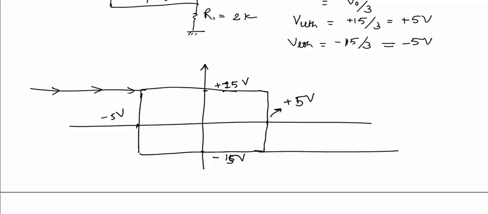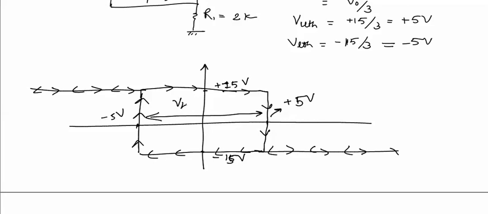This is the complete hysteresis curve. Now this difference in the side edges is called the hysteresis voltage, and it can be calculated as VH equal to VUTH minus VLTH, which is equal to plus 5 minus minus 5, equal to 10 volts. So hysteresis voltage is 10 volts.